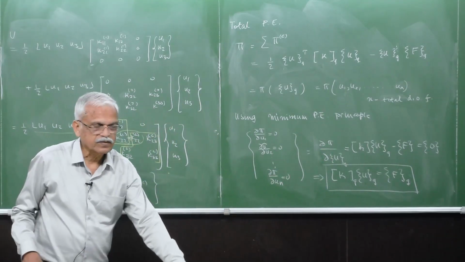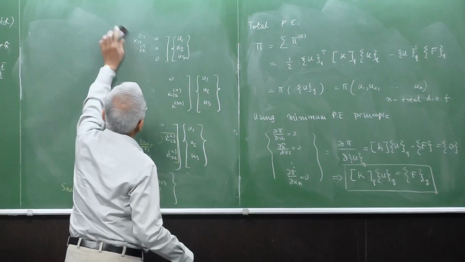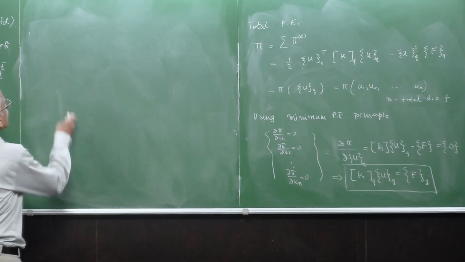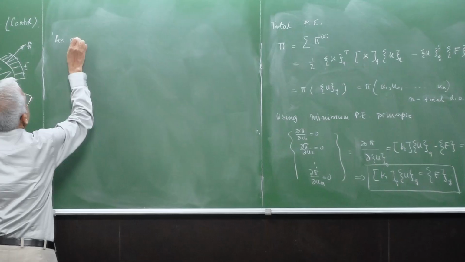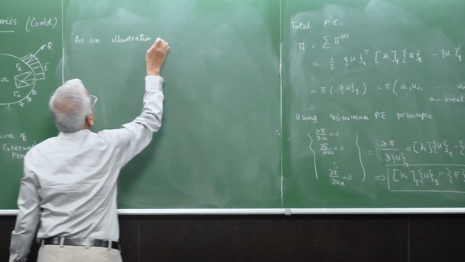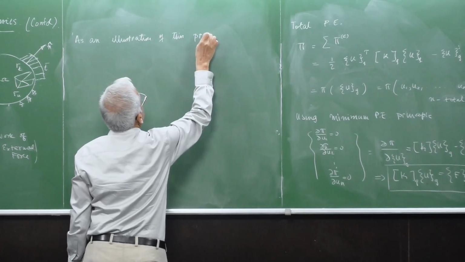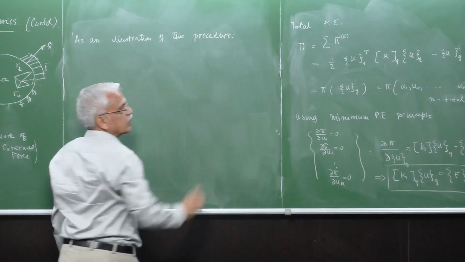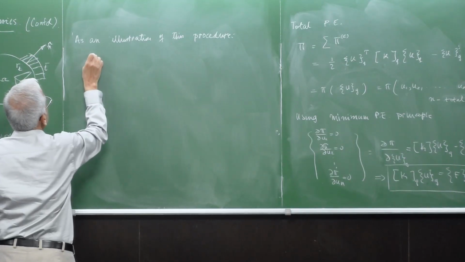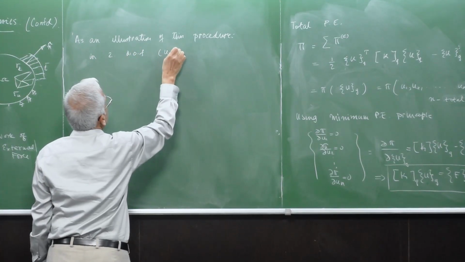Just for the sake of clarity, let me illustrate this procedure with a small 2 degrees of freedom example. Say U1 and U2.